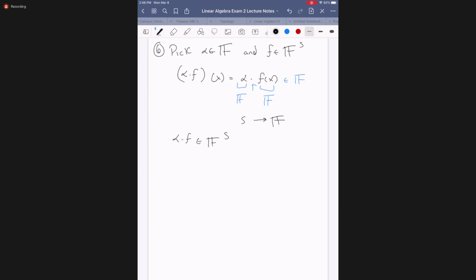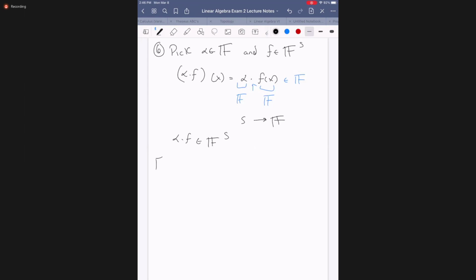Okay, so those are the three important ones I wanted to show you for this one, because now I want to show you the concrete case, the continuous function case. So let's do that.